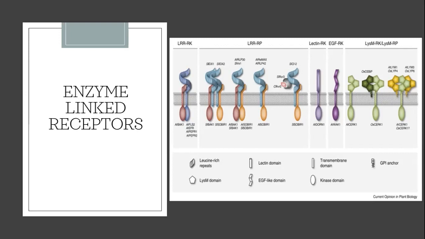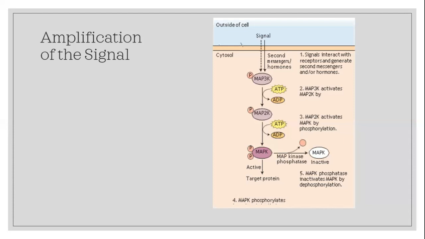Now, the mode of action of these enzyme linked receptors: the diagram shows how they amplify the signal. Whenever there is a signal, it is perceived. The signal leads to formation of secondary messengers, or to phosphorylation of certain molecules. The molecule shown here is MAP3K, that is mitogen activated protein kinase kinase kinase.